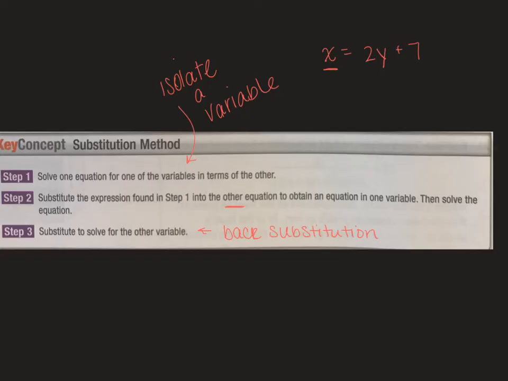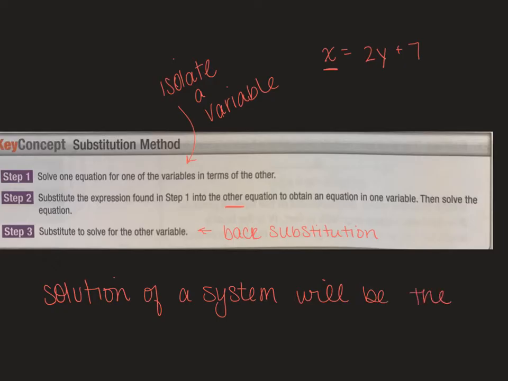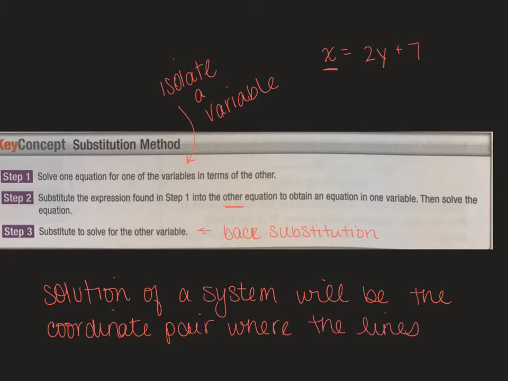So we do need to figure out what is a solution, and we have already talked about this in our graphing method, but in case you forgot, your solution of a system will be the coordinate pair where the lines intersect.